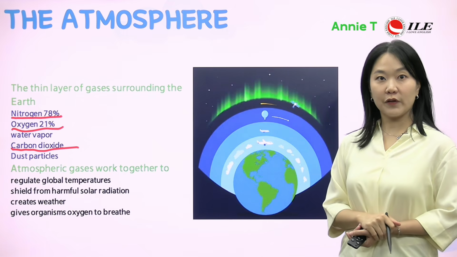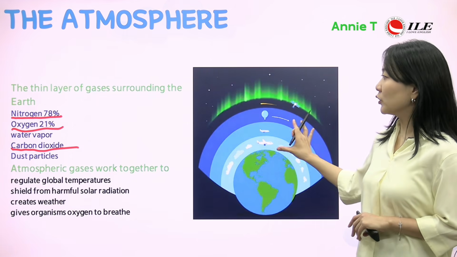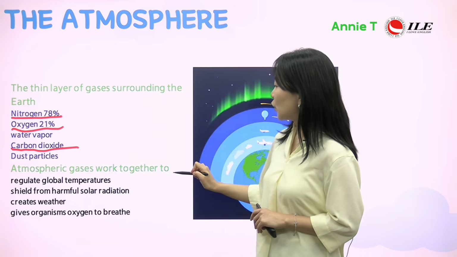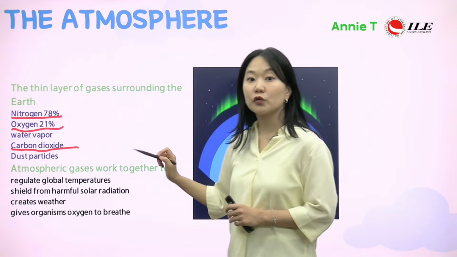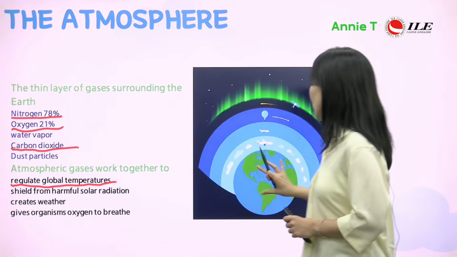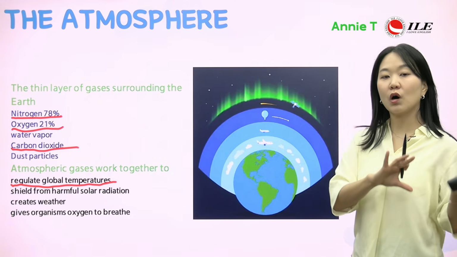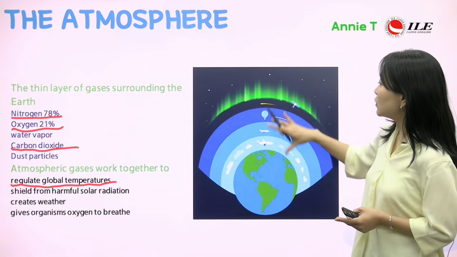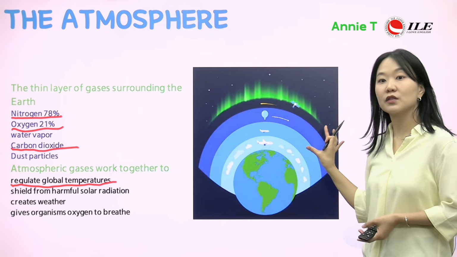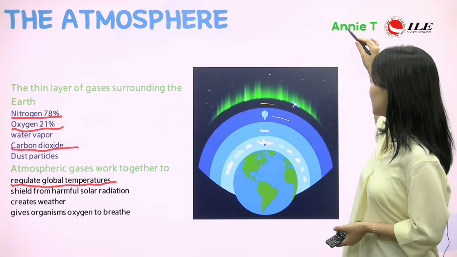Just like the hydrosphere performed the function of regulating temperatures on Earth, similarly, atmospheric gases work together, first of all, to regulate global temperatures. Okay. They prevent Earth from swinging into extreme temperatures, either too hot or too cold. Also, because we have the gases surrounding the Earth, this will shield from the sun.